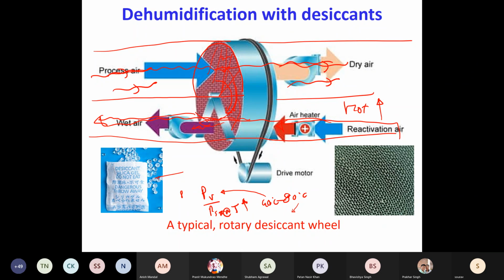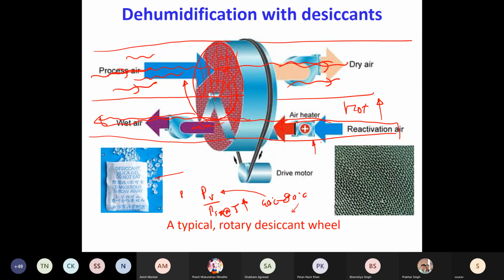And now this dry silica gel goes back to this side, and again it passes through the process and absorbs moisture. So on the top part you have absorption, on the bottom part you have desorption. Silica gel becomes a jelly-like substance on the top surface, and it becomes dry powder again on the bottom part. Now from where do we provide this heat?